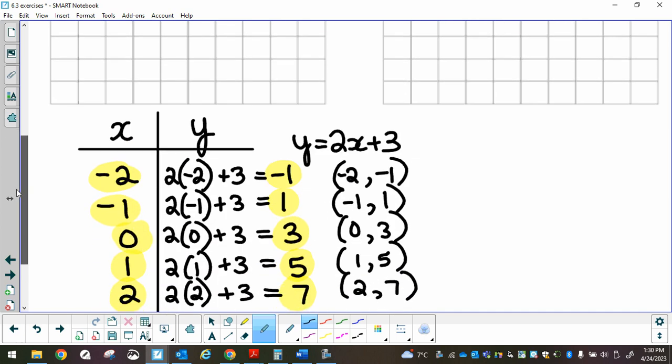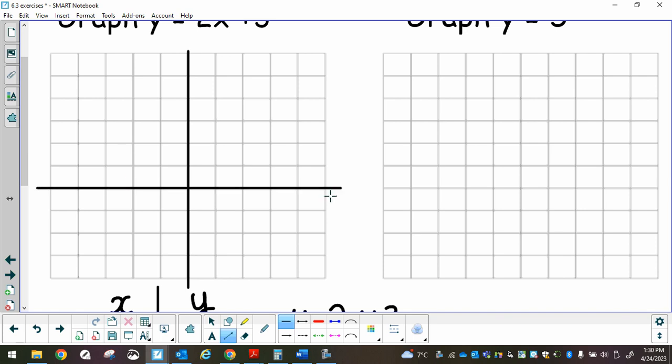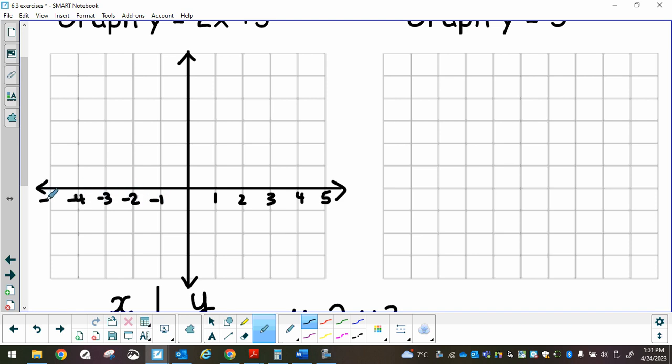So I need to get up to +7. I'm going to create my Cartesian plane and label it. Your numbers should be labeled right on the lines.